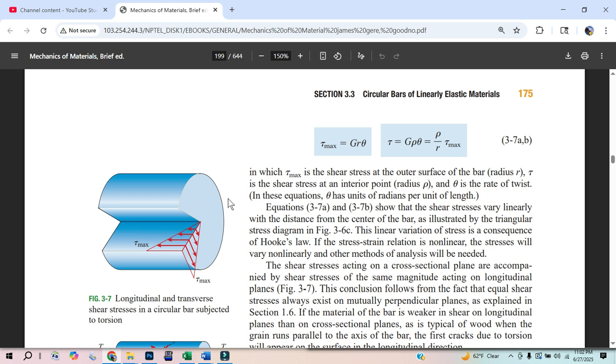Torque is in pounds times distance. So I want to torque this thing with 100 pound inches. I'm going to say this radius is 1 inch. So we have a 2-inch cylinder that's hollow, 1 molecule thickness, and I want to put a torque on it of 100 pound inches.